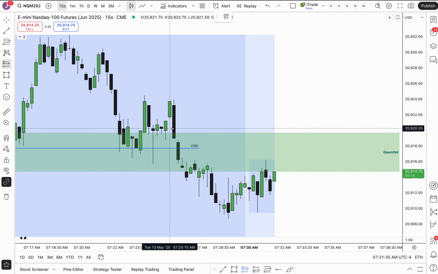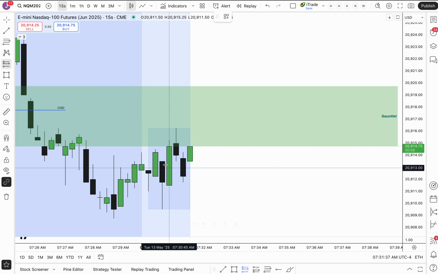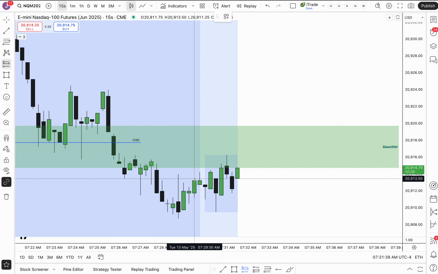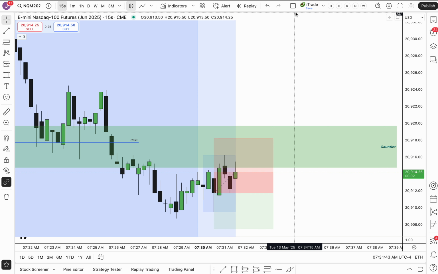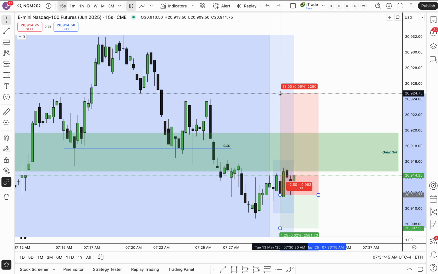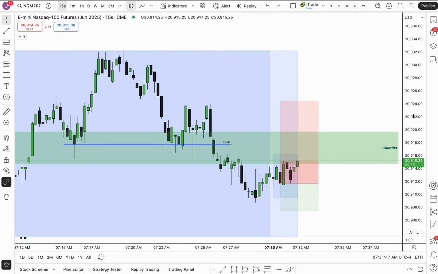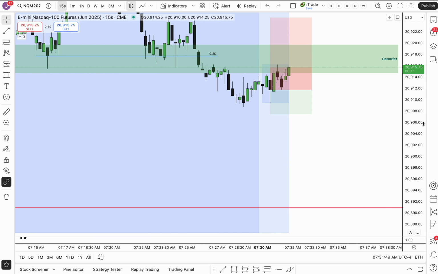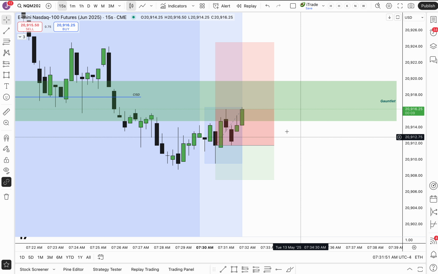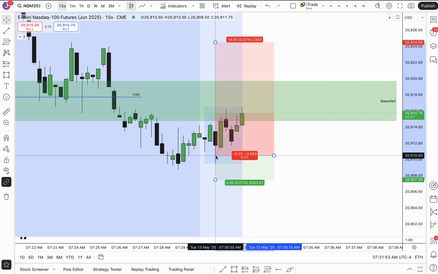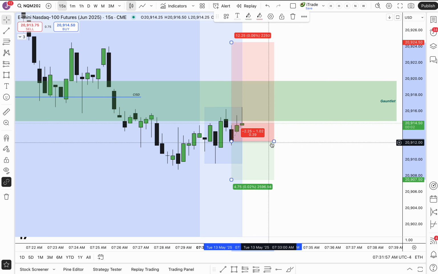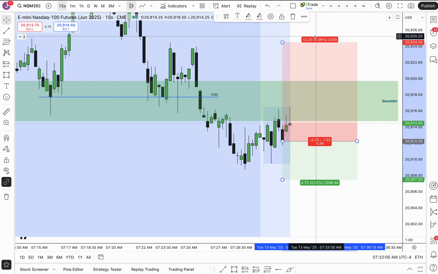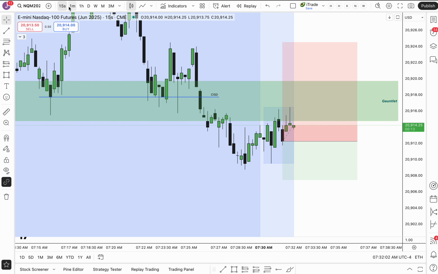So actually, what I would really do here is look for a closure here and stop above here. So if we would close below that, now we made a new high, so I'm going to wait for a closure below this. My stop's going to be above the balanced price range.